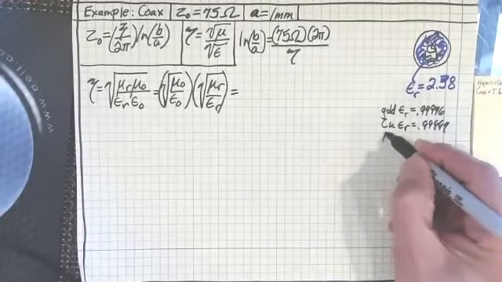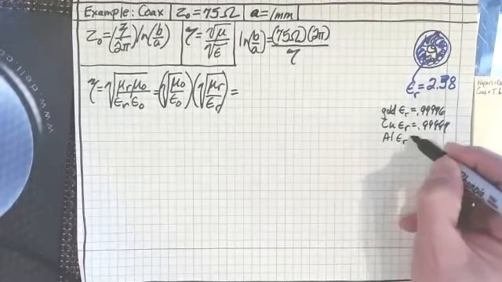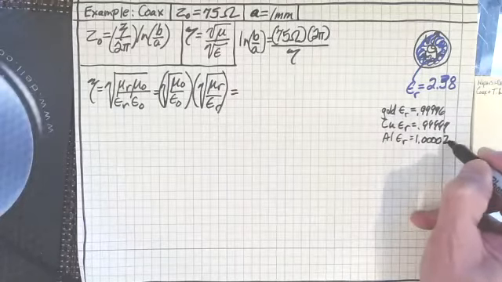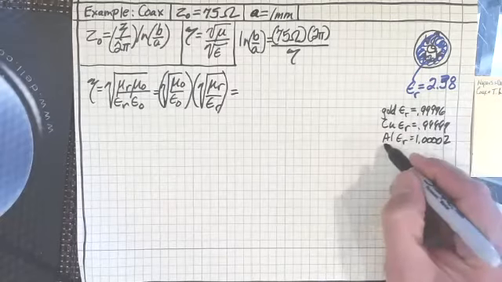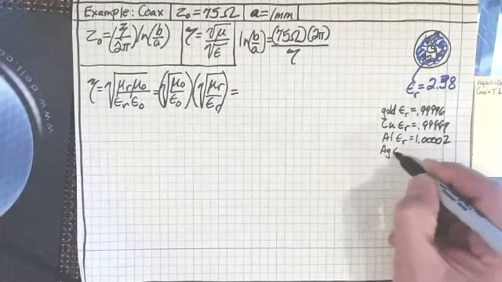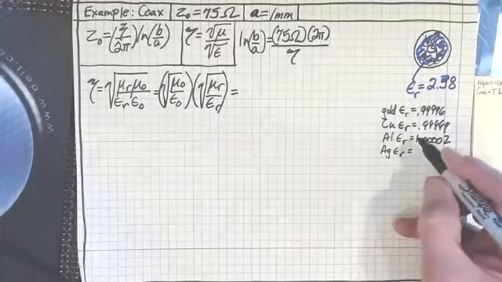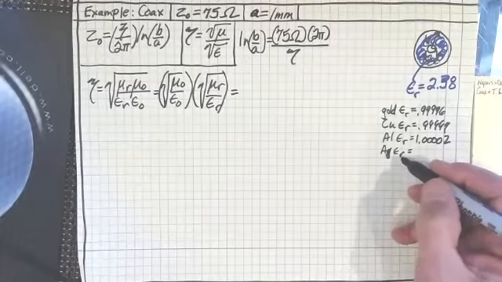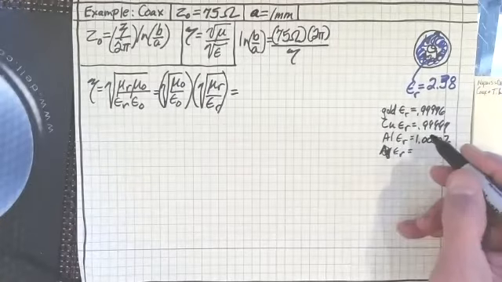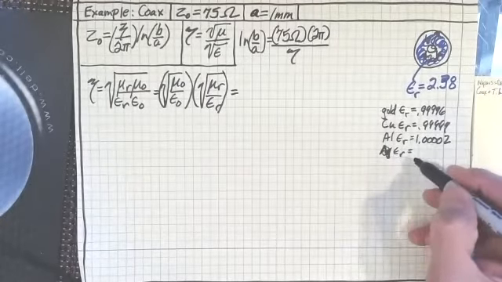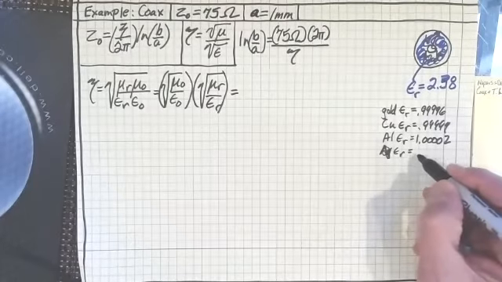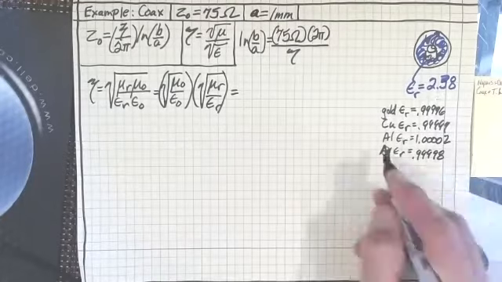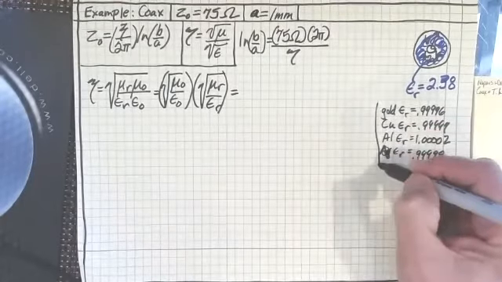For aluminum, epsilon sub r is 1.00002. And for silver, epsilon sub r is equal, no, that's gold, isn't it? What is silver? For silver, it is 0.99998. So you can see that everything here is literally 1.